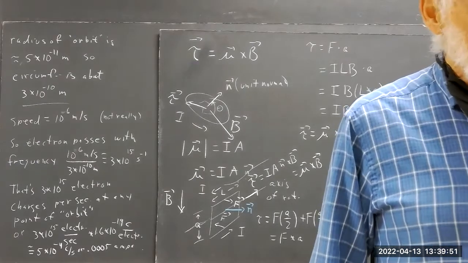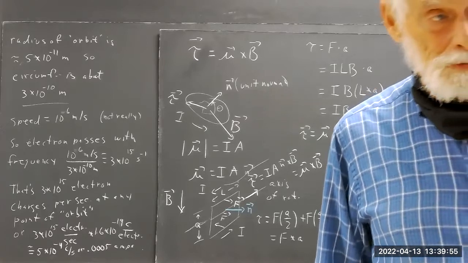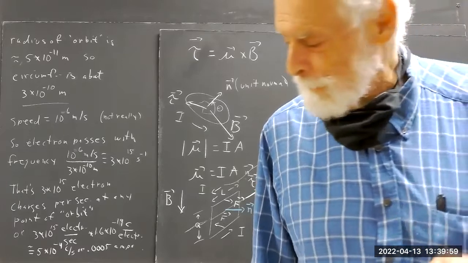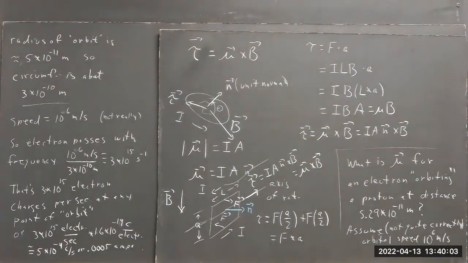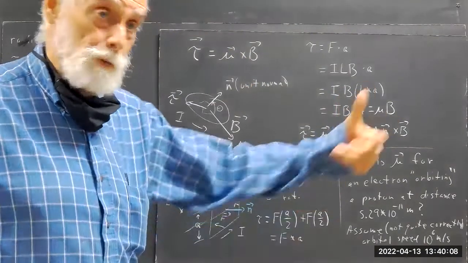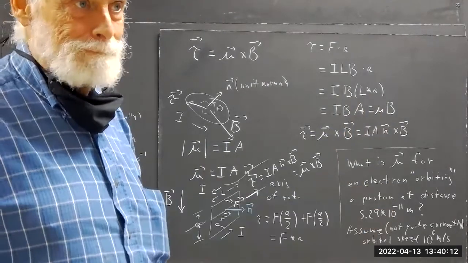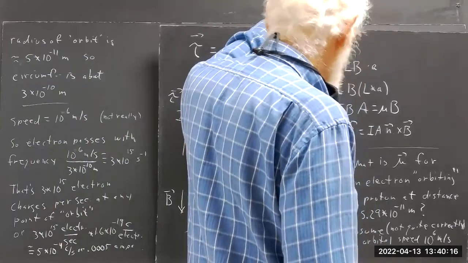Your separation is 0.529 times 10 to the negative 11th meters, or 0.529 angstroms, an angstrom being 10 to the negative 10th meters. And K being 9 times 10 to the 9th newton meters squared per coulomb squared. And you get more force than you would think for something that small.